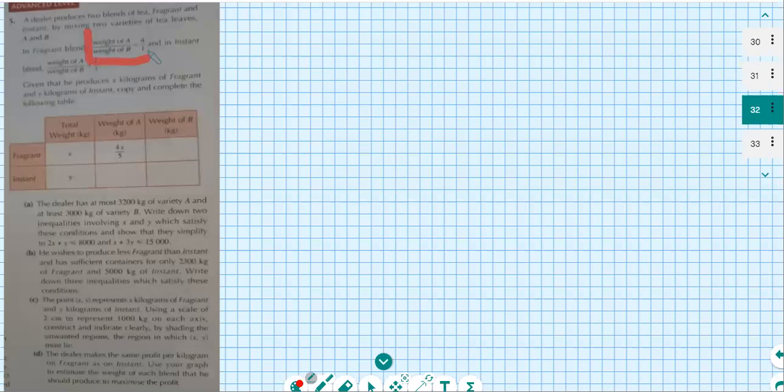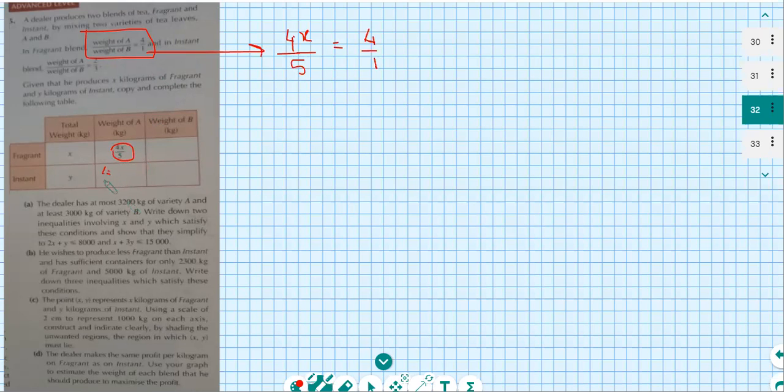So I'm taking this equation. Weight of A is 4x over 5, equal to 4 by 1. So you can see the ratio is 4 by 1, which means we will divide this by 4.